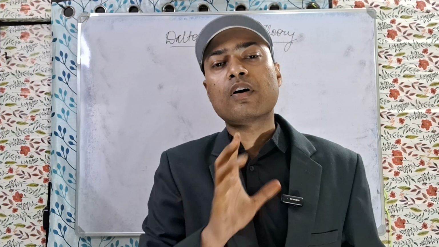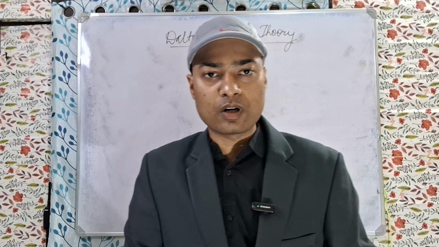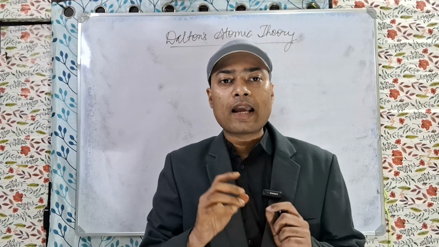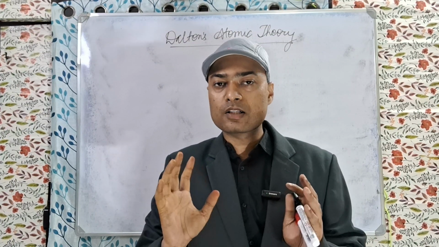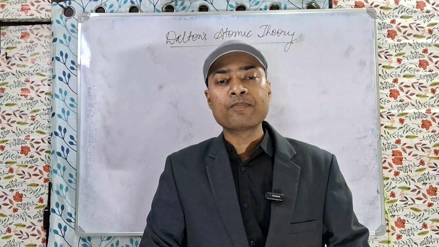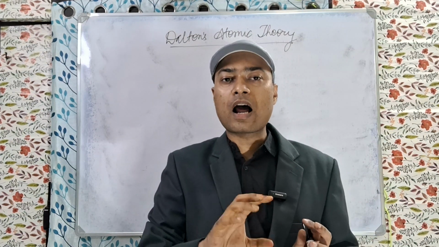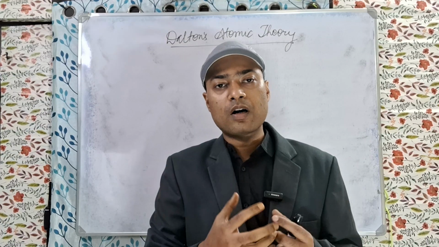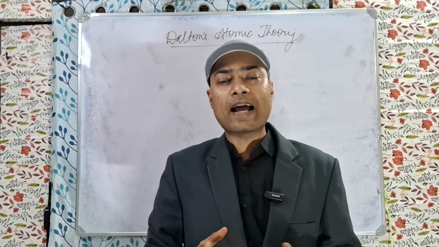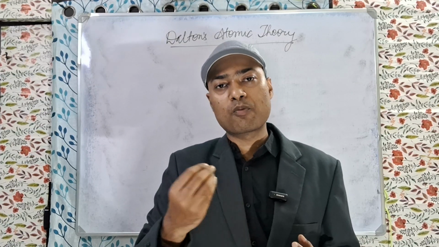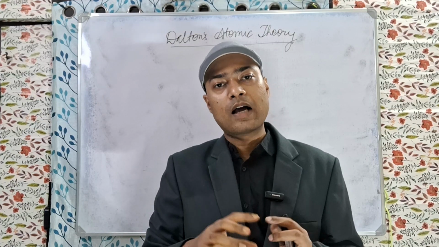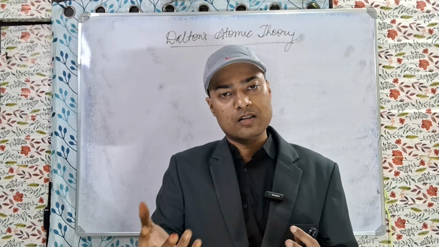Okay, so the first point of Dalton's atomic theory is that matter is composed of indivisible particles called atoms. Now it is commonly known that an atom is composed of electron, proton and neutron, and you can definitely break an atom, and that is how you get charged ions.